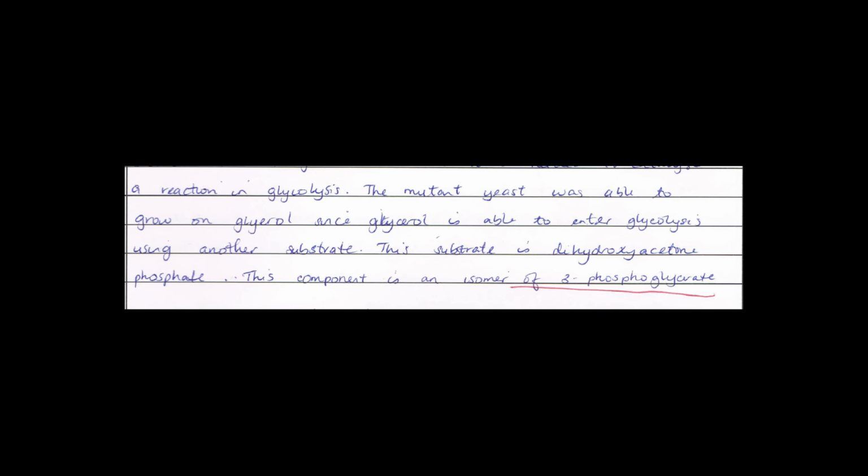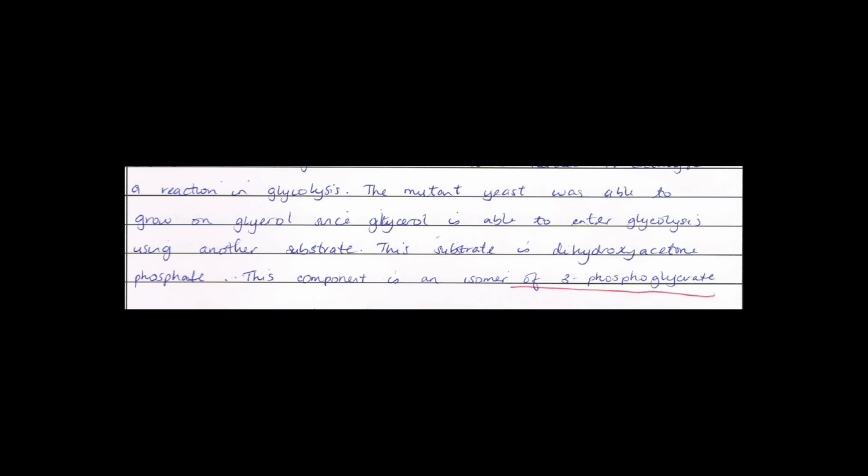All right, so in this question, I remember asking the students to give the reactions showing that glycerol can be a gluconeogenic precursor. In other words, it can enter gluconeogenesis. And you have to be very careful. This substrate is dihydroxyacetone phosphate. This component is an isomer of 3-phosphoglycerate. Ironically enough, you go back to your glycolysis.